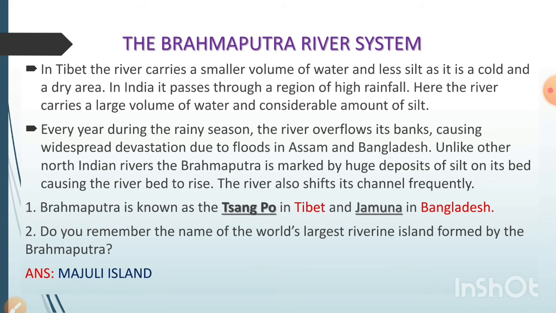So every year during the rainy season, the river overflows its banks, causing widespread devastation due to flood in Assam and Bangladesh. Unlike other northern rivers, the Brahmaputra is marked by huge deposits of silt on its bed, causing the river bed to rise. The river also shifts its channel frequently.